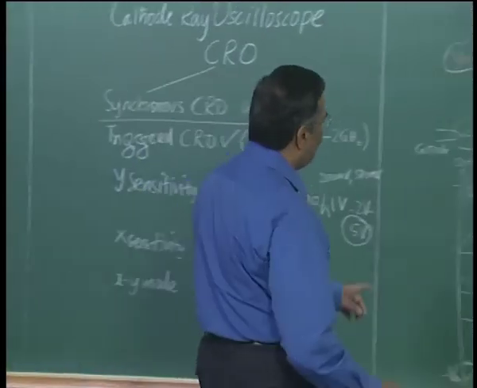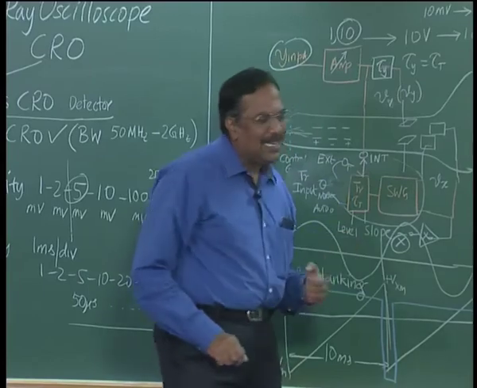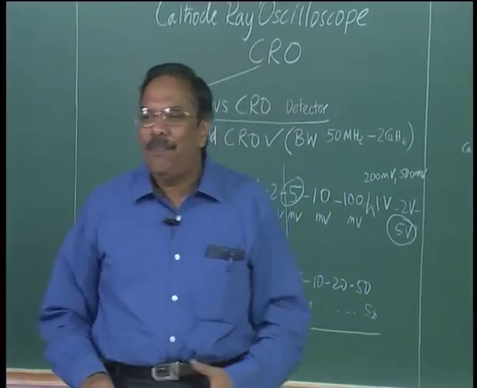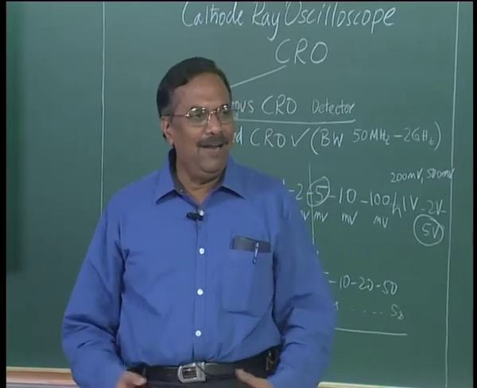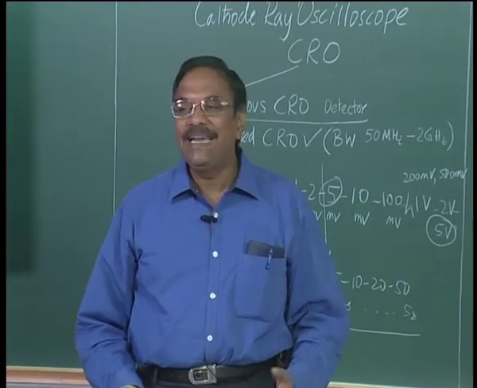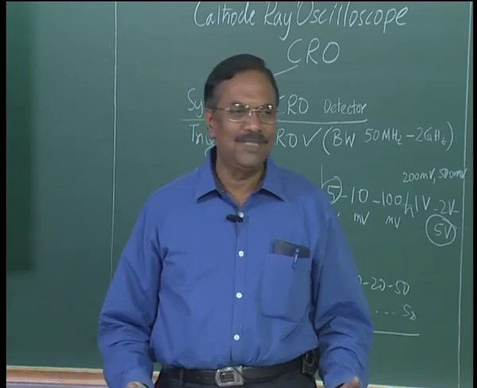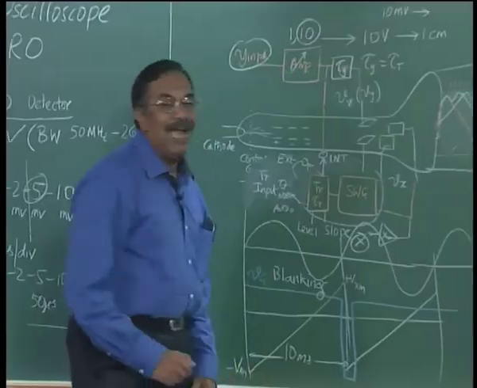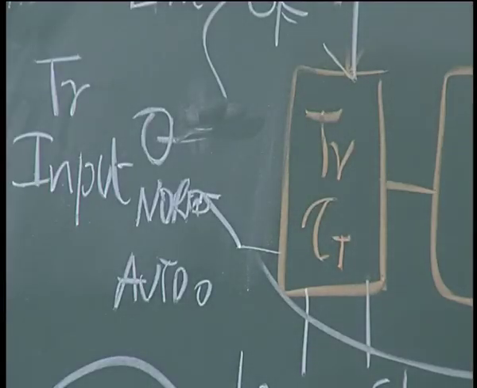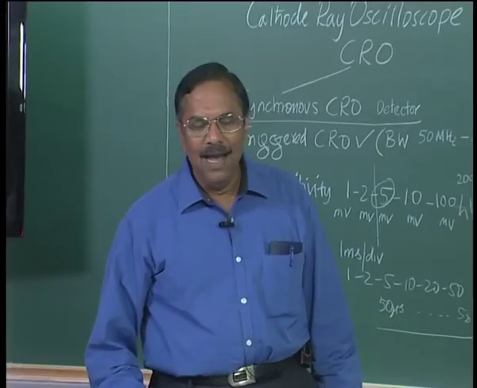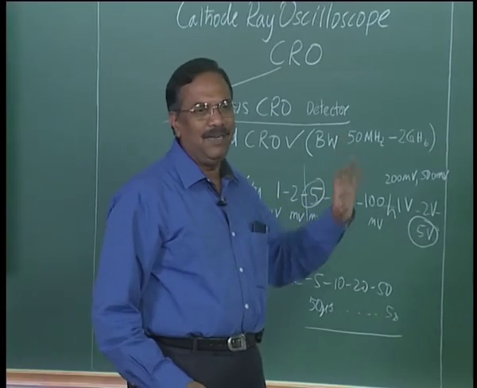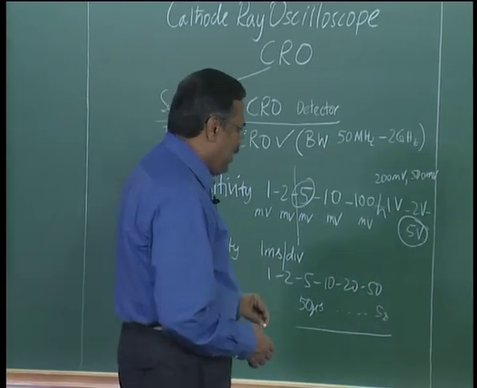In the auto mode, there is an internal circuit that checks your input waveform, decides what is the optimal level and what is the optimal slope for getting a repetitive, stable waveform on the screen. So, if you put it in auto, you do not have a control on the level or slope of the trigger. Apart from this, there are other facilities given by the manufacturer of the oscilloscope we will see in the next class.